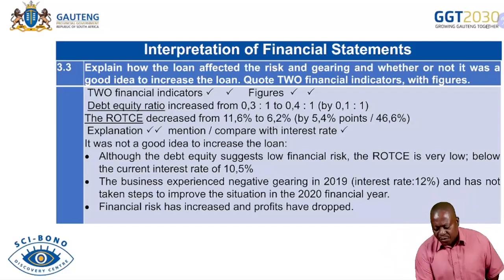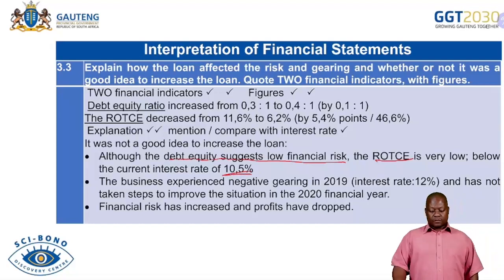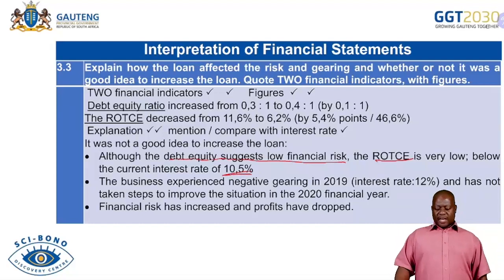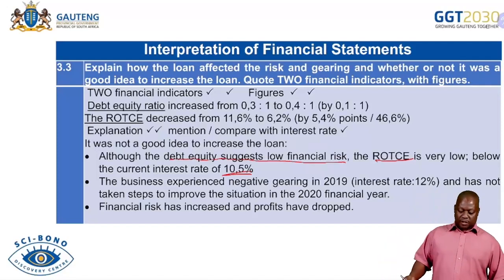Although the debt equity ratio suggests low financial risk, the ratio is very low. We are still low geared, but the ratio is much lower. And because of that, can we go on and increase the loan? Is it a good idea to increase the loan?